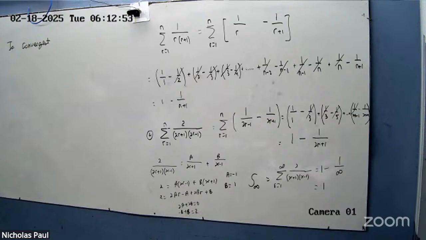For a series to be convergent as n approaches infinity, the series should approach some value L.